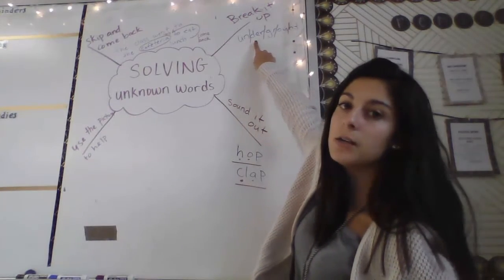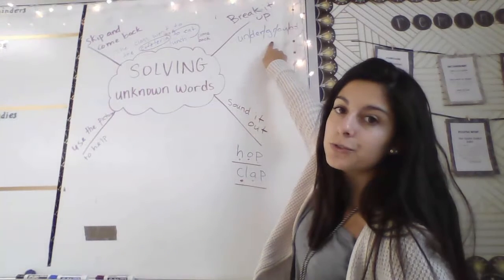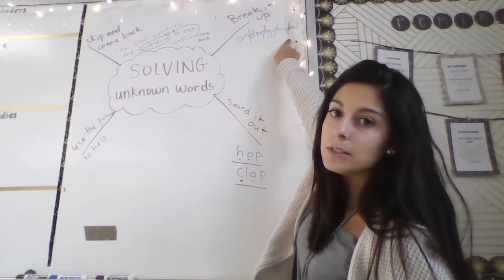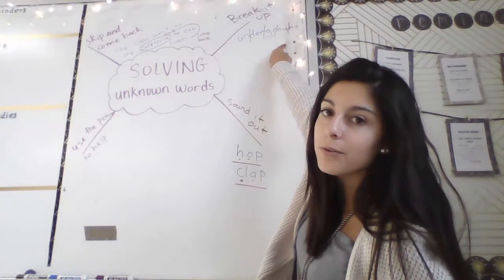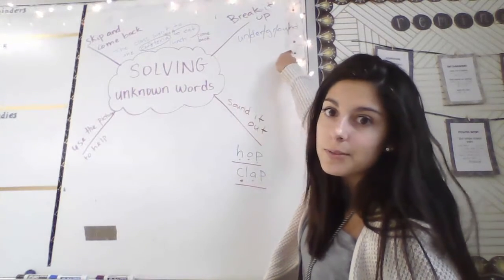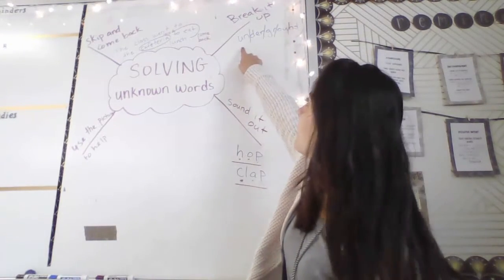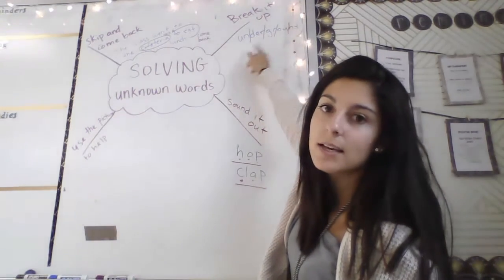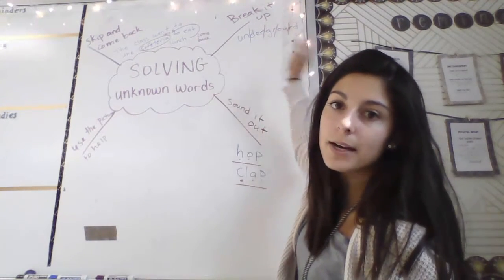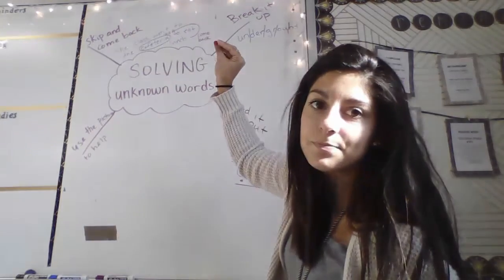So, underground. I cut it up and I figured out each of these pieces, what it says, and then I put it back together. So you break it up, you put it all together.